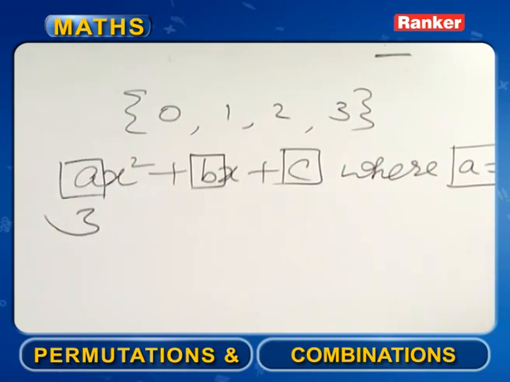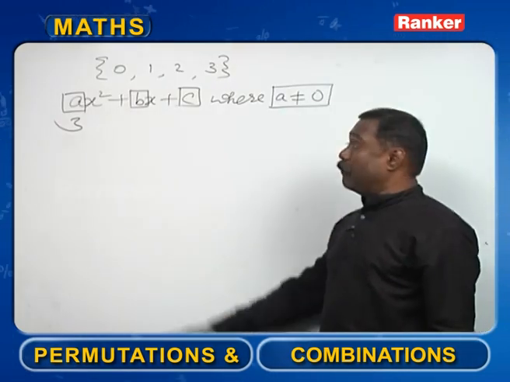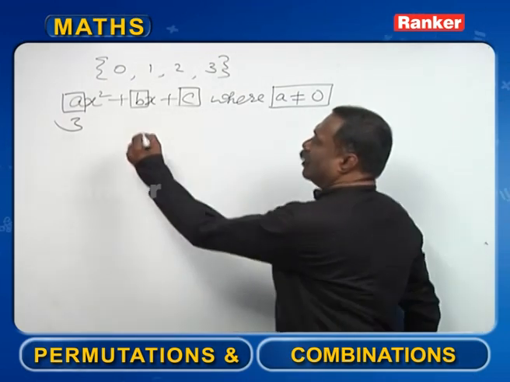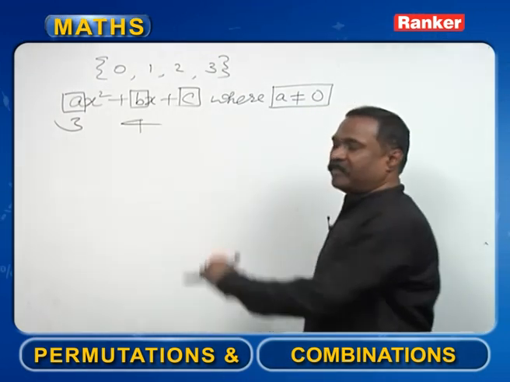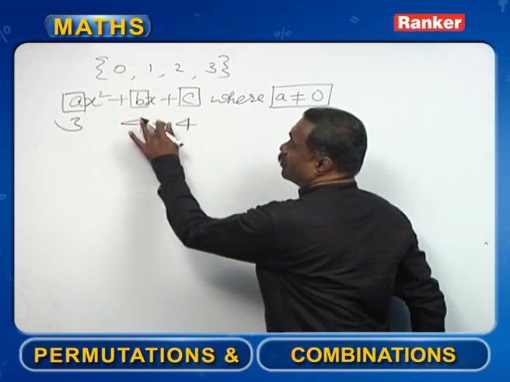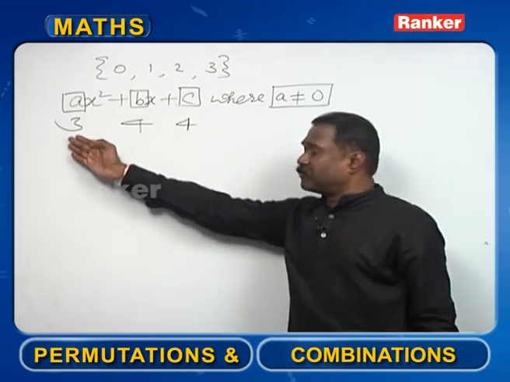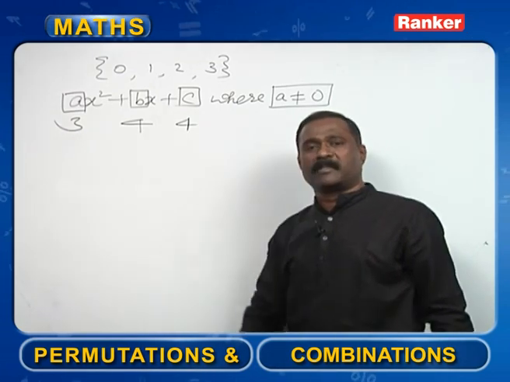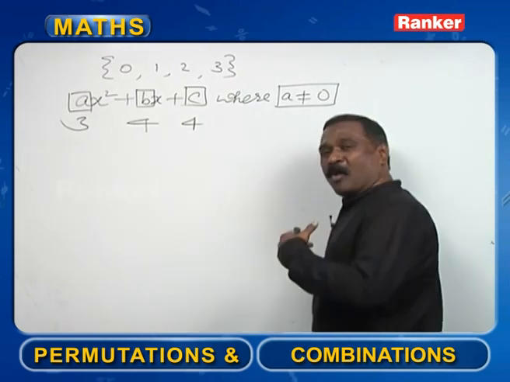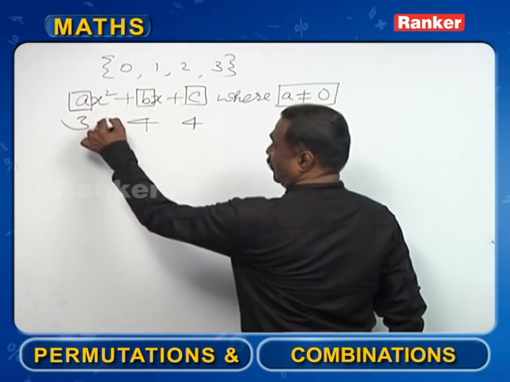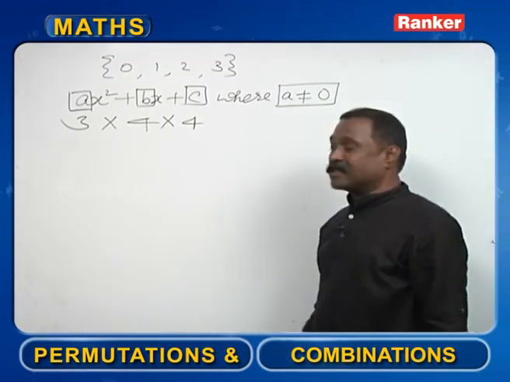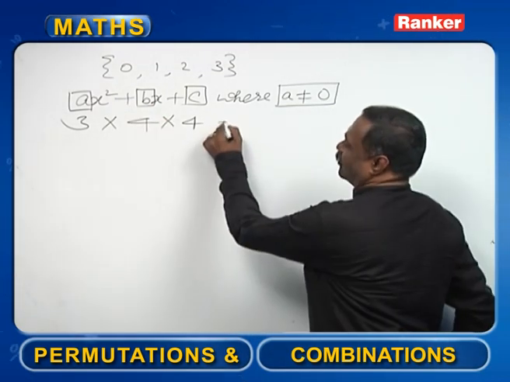Understand? Which is a very important thing. And b can be filled with any one of these 4 digits, so in 4 different ways, and c can also be filled in 4 different ways. So the first operation is performed in 3 ways, the second in 4 ways, the third in 4 ways. All these operations, one after the other or simultaneously, can be performed in 3 into 4 into 4 different ways, which is nothing but 48.